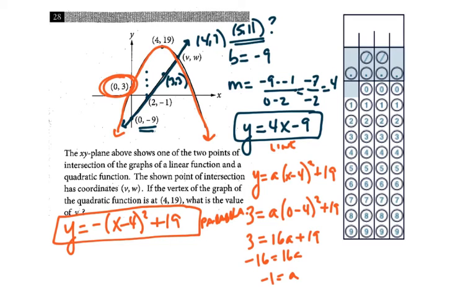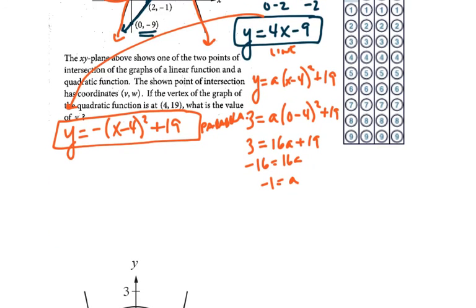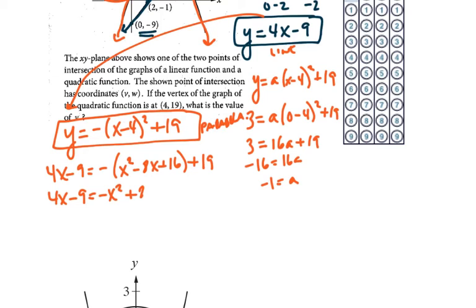So I could do this by, again, substitution. Maybe substitute in the 4x minus 9. So 4x minus 9 equals the negative of, I'm going to FOIL that out. So 4x minus 9 is negative x squared plus 8x minus 16 plus 19. I'm going to move everything to this side.